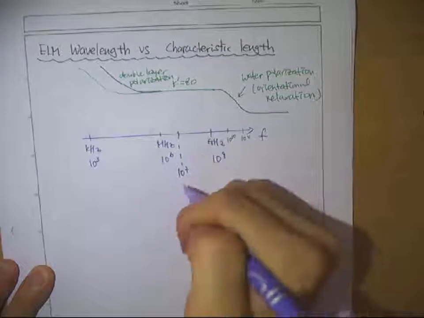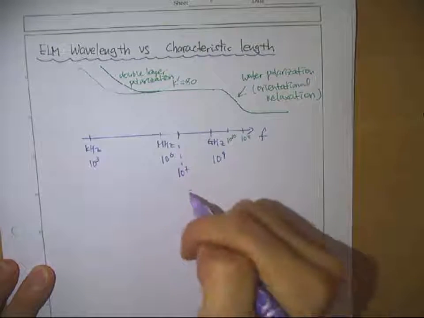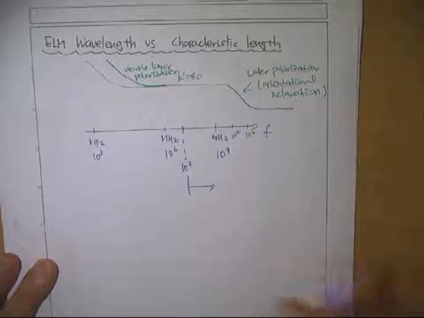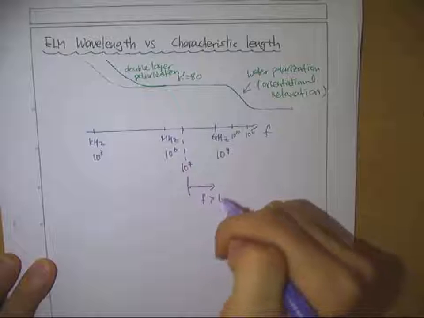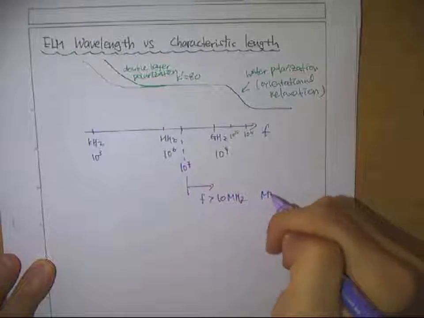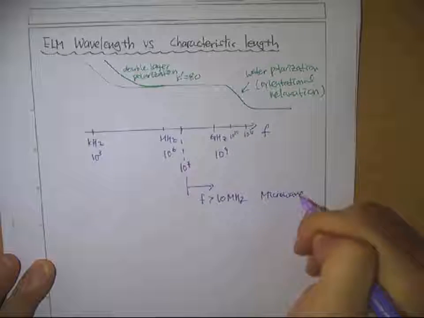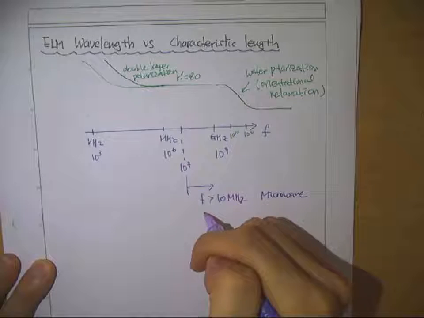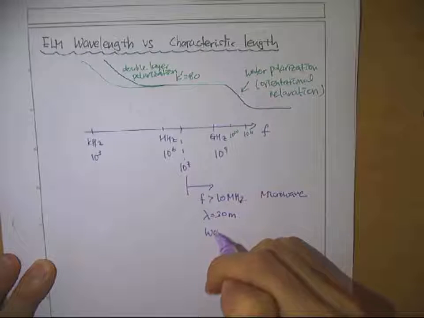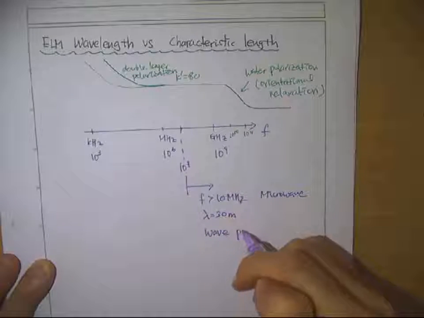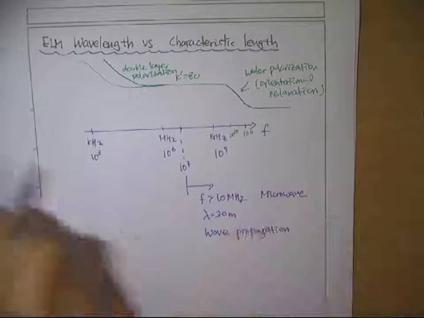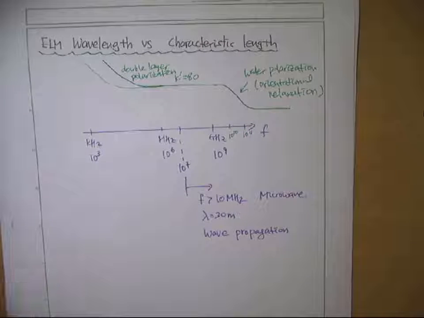When the frequency is larger than 10 megahertz, this is the microwave region, and the wavelength is about 30 meters, and the wave propagates in the media, in the soil media.